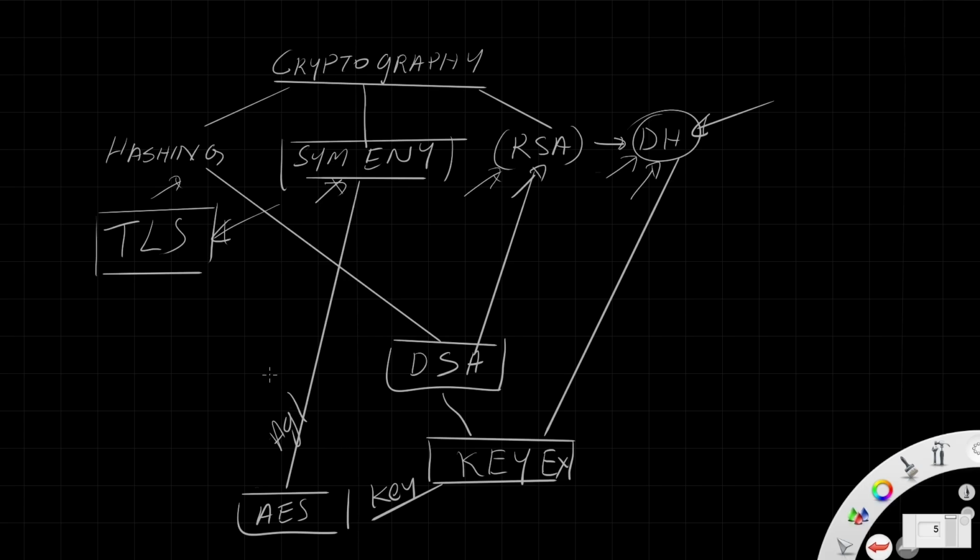What is the use of hashing? We will see why and how hashing and digital signatures are used in TLS. And also we'll discuss a type of document called certificates or digital certificates. It's nothing but a document or a file which is transmitted between the server and client, which has certain attributes and things like that, which we will see.